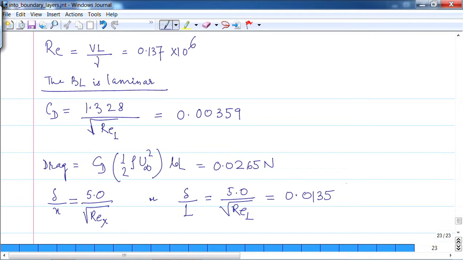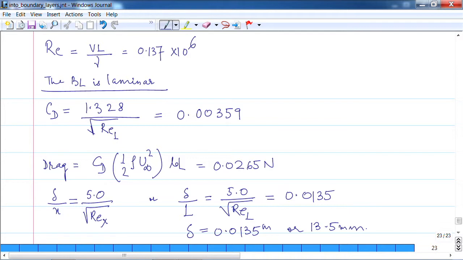Hence the delta at the end of the plate, and L is 1 meter, so delta comes out to be 13.5 millimeters.